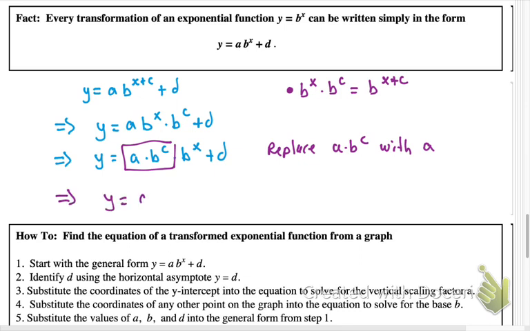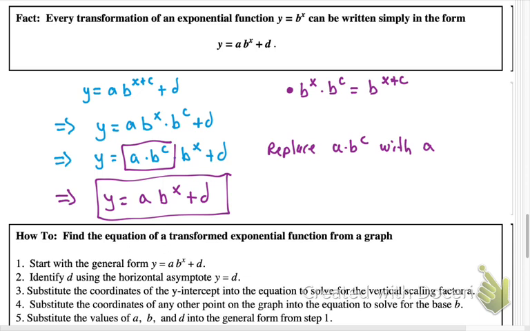And like I said, any transformation of an exponential function can just be written as a times b to the x plus d. Okay. All right, so it's about splitting up the b to the x plus c power, and then realizing that a times b to the c is still just a constant.